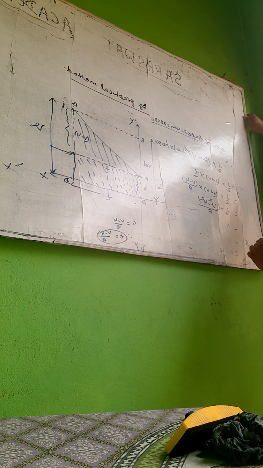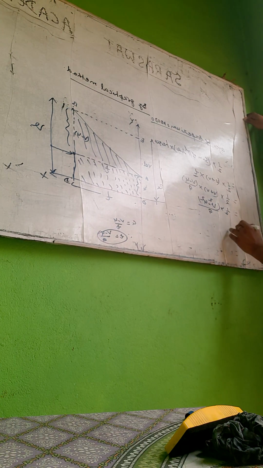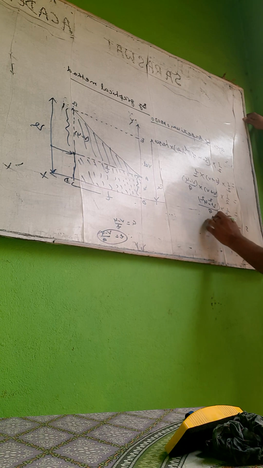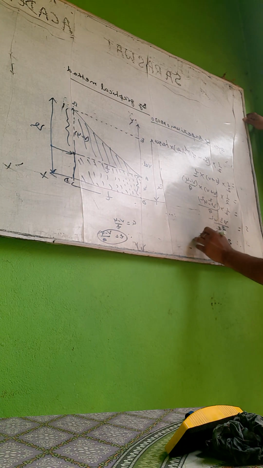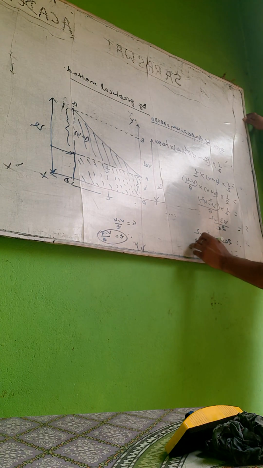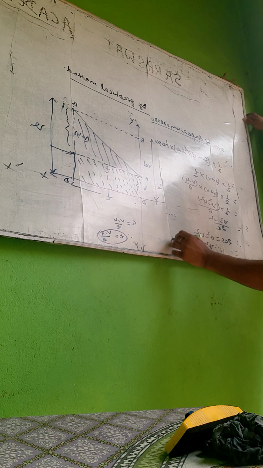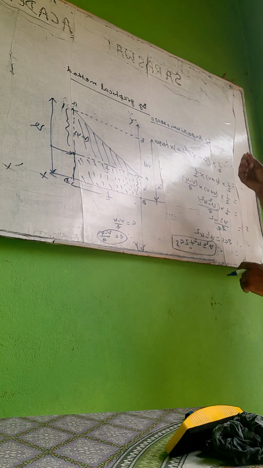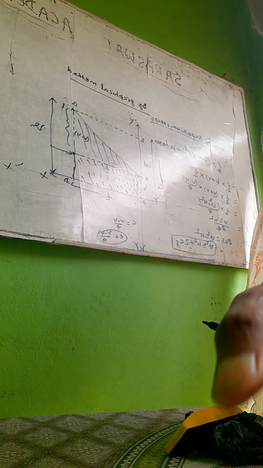So after multiplying, s equal to v square minus u square by 2a, hence 2as equal to v square minus u square, hence v square equal to u square plus 2as. This is the third equation. Thanks.